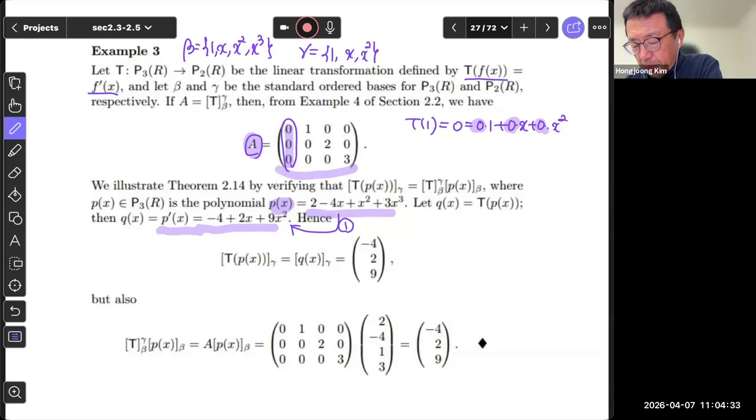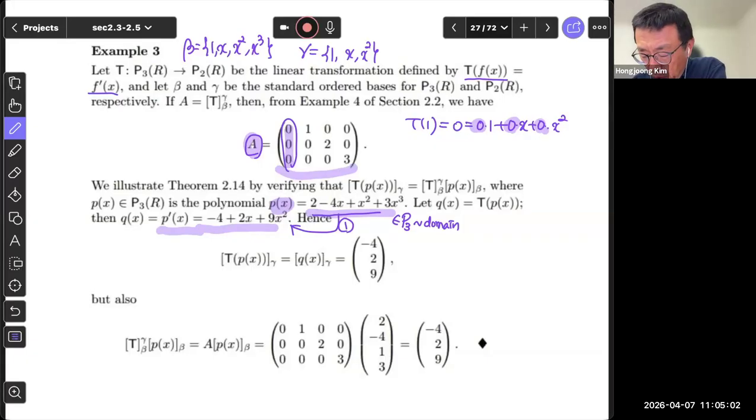Given this vector P in the domain, that is a vector in P3 space, we want to describe that vector in terms of beta, the basis of the domain. So for our vector in the domain, we use the basis for the domain.